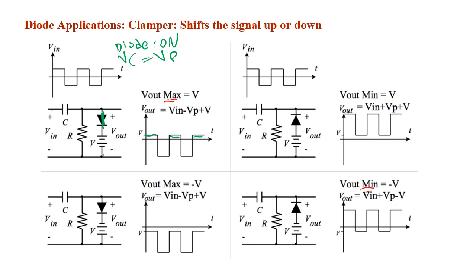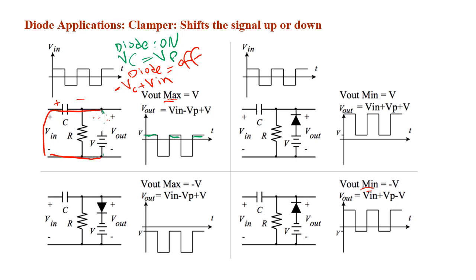Now, during the negative half cycle, the diode is going to act as an open circuit, so let's remove it from the circuit and say the diode is off. Then you read the output voltage through here, and it's simply going to be equal to negative VC actually. It's going to be equal to negative VC plus Vn.